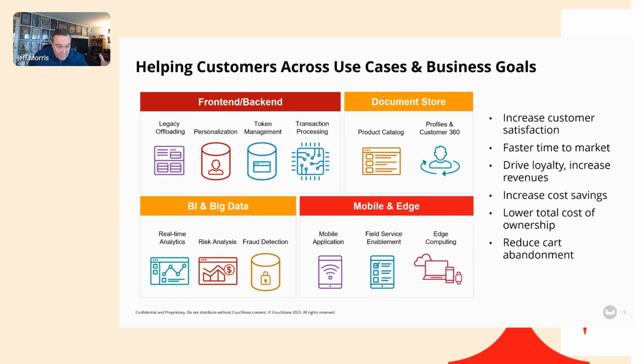We're handling a lot of data here, so support for real-time analytics, risk analysis, and fraud detection are also areas where we see organizations building with Couchbase, and mobility, field service, edge computing use cases all over the place.